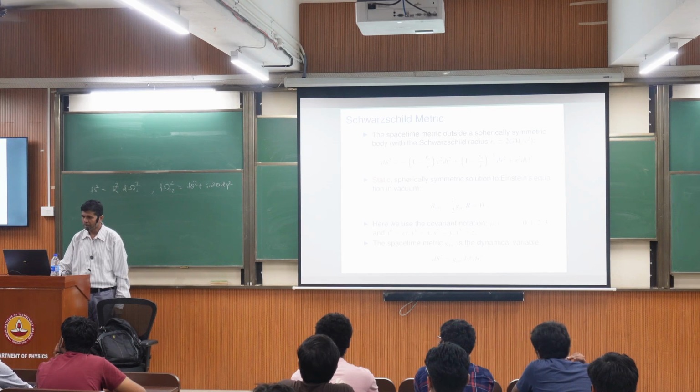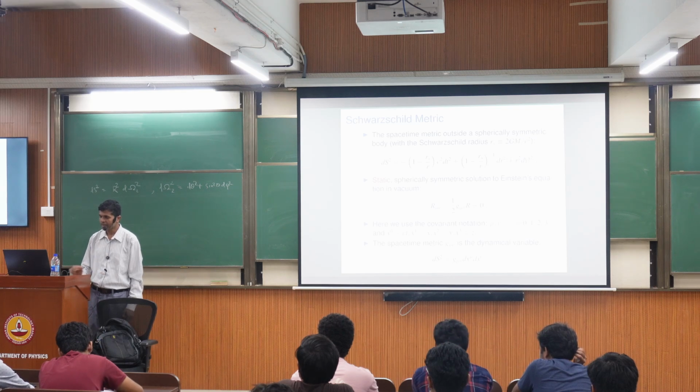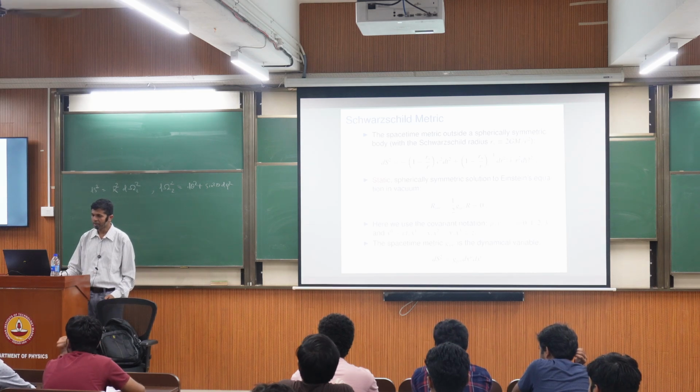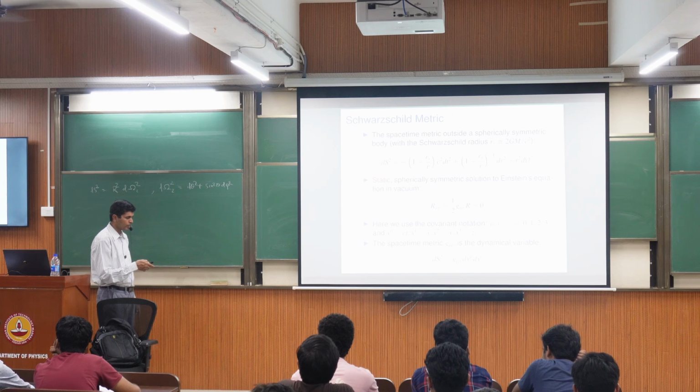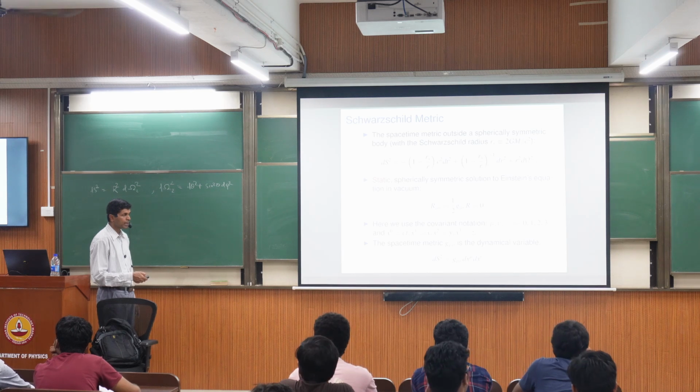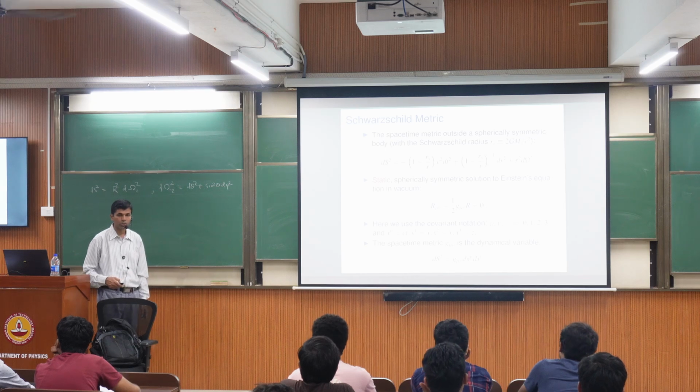You can solve them and obtain this solution. It's not as complicated as it looks. The only assumption that goes in here is that the geometry is spherically symmetric. One can assume spherical symmetry, write down this equation and solve it. This solution comes as a unique solution.